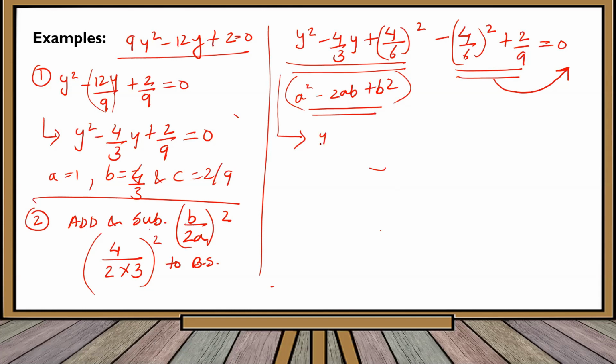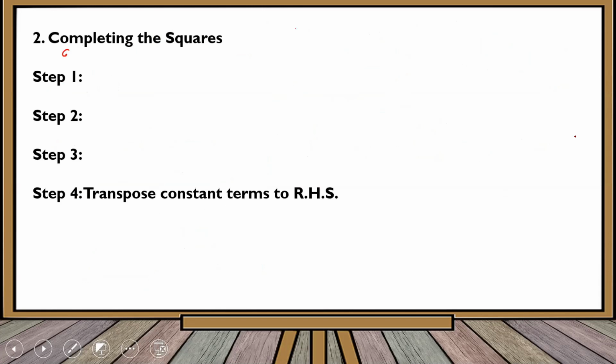Okay, so now y minus 4 upon 6 whole square equal to, minus will become plus, 4 by 6 minus 2 by 9. So now let us solve this. Basically this will be 2, this will be 3. Whole square will be 4 upon 9 minus 2 upon 9. What is 4 upon 9 minus 2 by 9?